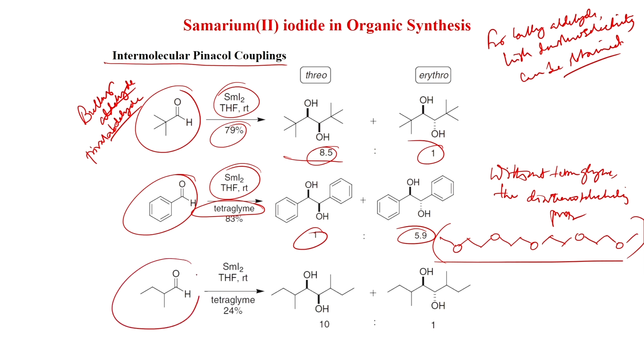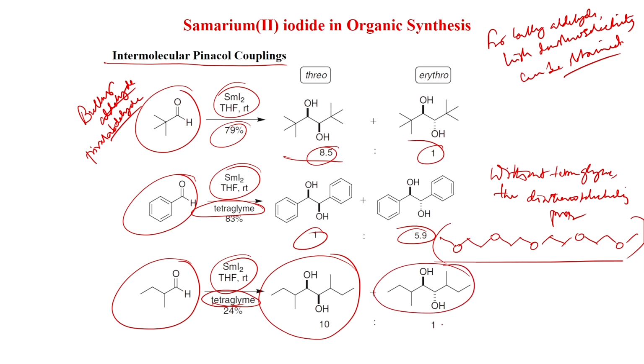Also this one, which is not so bulky, like alpha methyl butyraldehyde, with samarium iodide, THF and tetraglyme, you get this threo product in high diastereoselectivity, 10:1. So, this erythro is formed here 1%, minor. However, the yield of this reaction is low, 24% only, and this was published in ChemComm 1999.